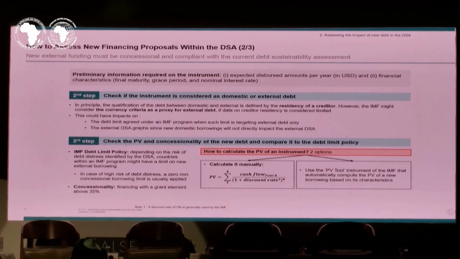And then the last question, on the significance of having a negative grant element. From a pure mathematical point of view, maybe I will come back to the formula. One of the key elements of this formula is the discount rate that you're using on one side, on the cash flows on the other side. If you have a negative grant element, it just means that the interest rate that you are receiving from your creditor is above 5%.